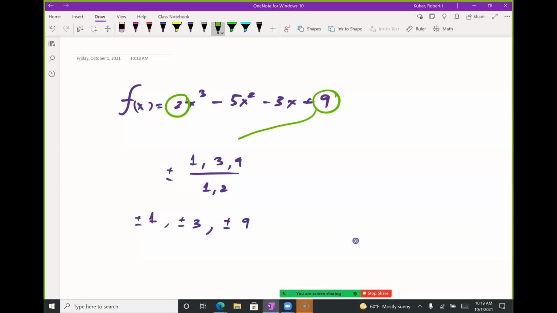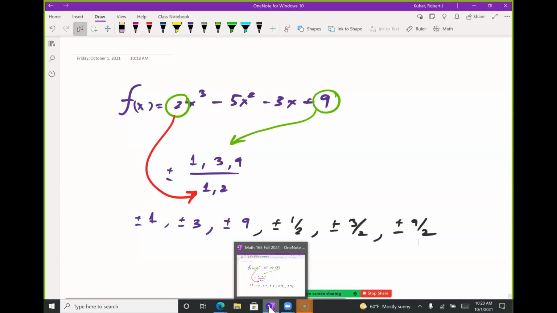The constant factors are on top, leading coefficient factors are downstairs. So I can have a 1, a 3, a 9, a 1/2, 3/2, or 9/2. So I'm looking for one of those places on my graph.